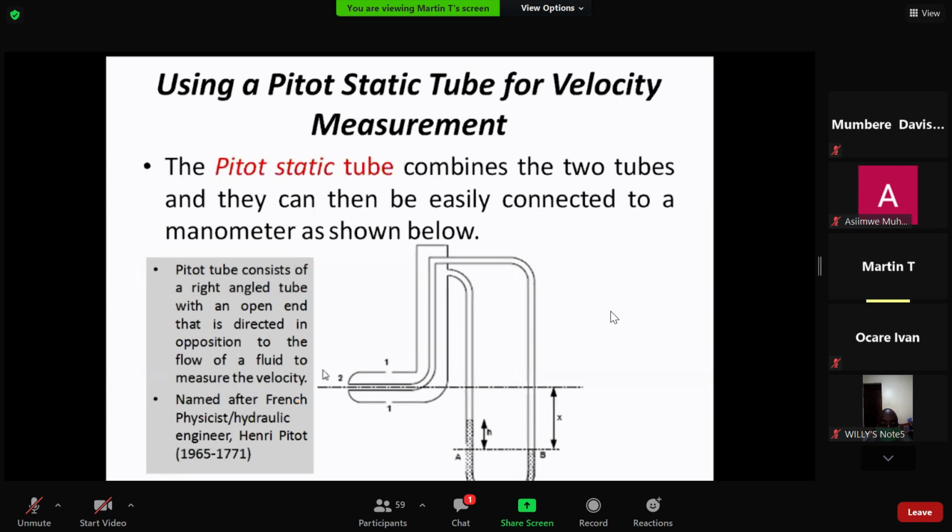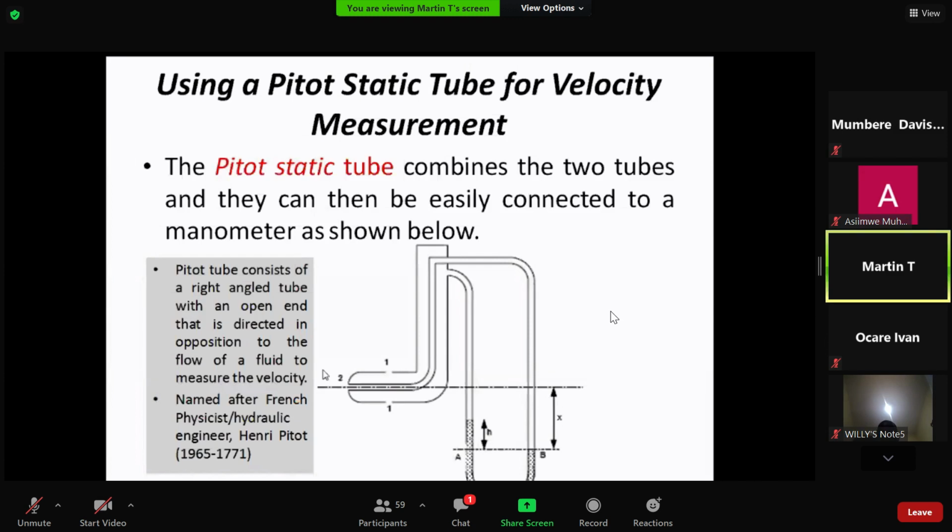So assuming, now let's look at that picture. If you look at point number 2, we are calling it number 2 because that is the entrance of the L-shaped tube. Okay, so it is the one that has a higher pressure.